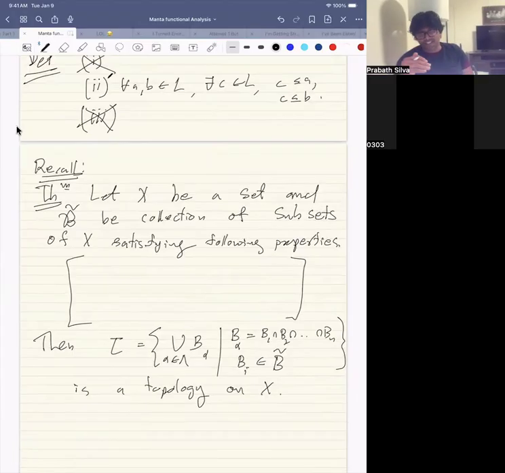You take the finite intersections and then you take the arbitrary unions. Okay, and then you get a bigger collection, and we are asking what are the conditions on B delta so that this tau would be a topology.